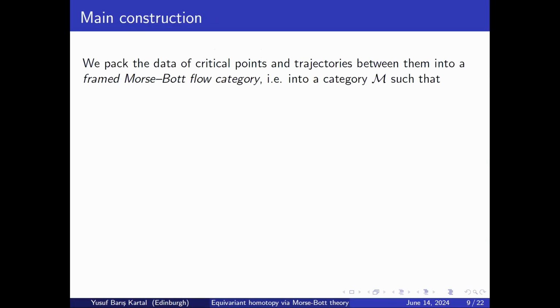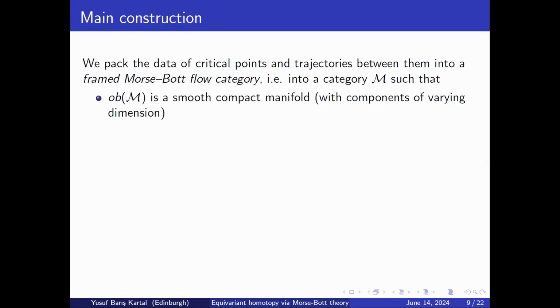Well, let me say a little bit about the main construction. We pack the data of critical points and trajectories between them into something that we call a framed Morse-Bott flow category. In other words, we pack it into a category such that the set of objects is a smooth compact manifold.